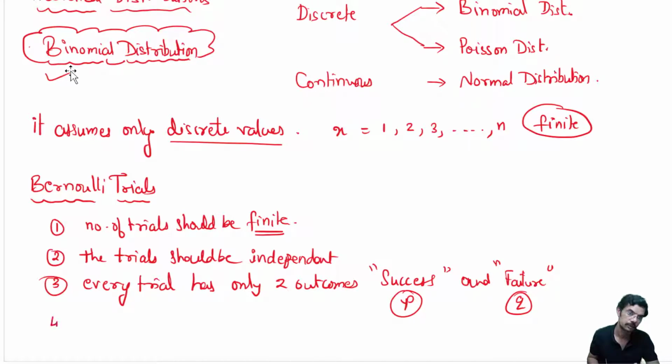Now the fourth condition. The fourth condition says that the probabilities of success and failure do not change throughout the experiment. For the first trial the probability of getting a head was something, and in the second trial it changes? No, it doesn't happen like that. In every trial it is the same.